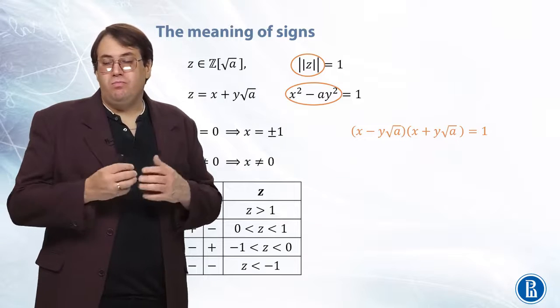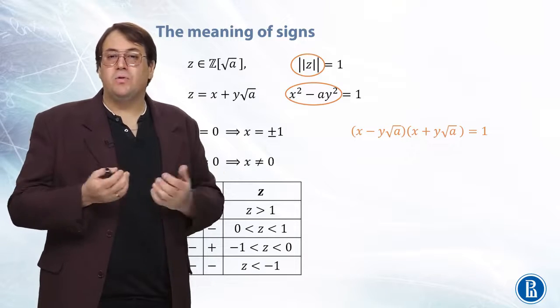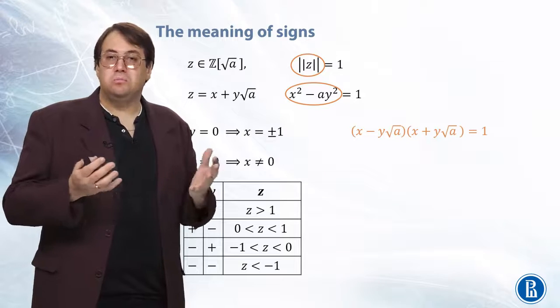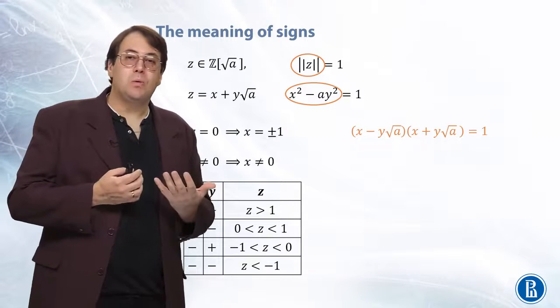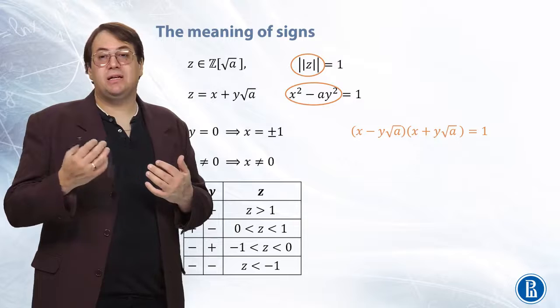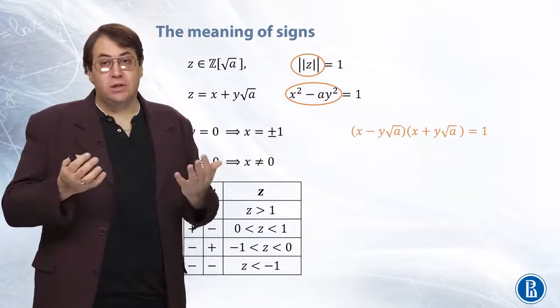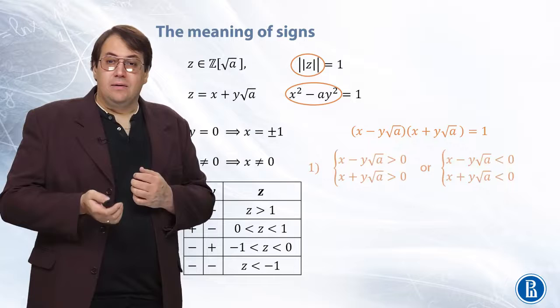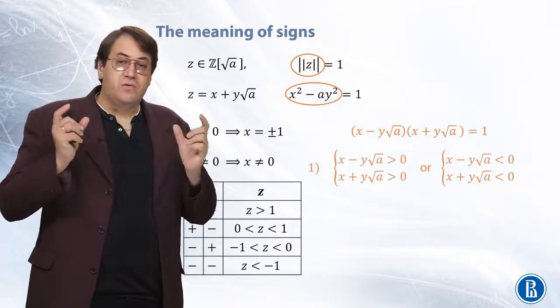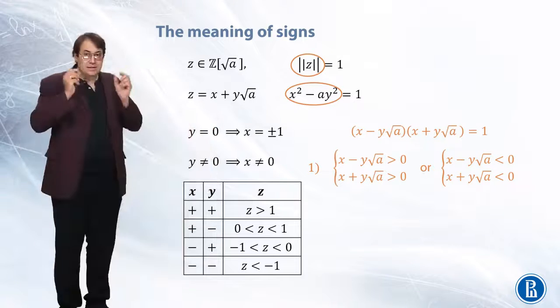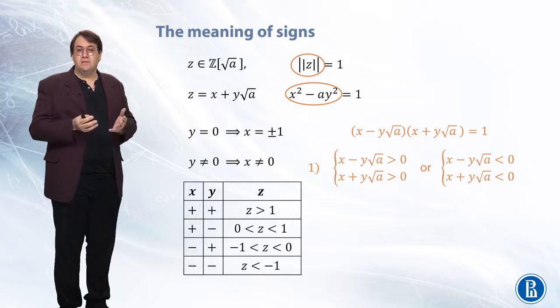First, transform Pell's equation into a product of two parentheses, x minus y square root of a and x plus y square root of a. And now notice that first, both factors should be of the same sign, since their product is positive.